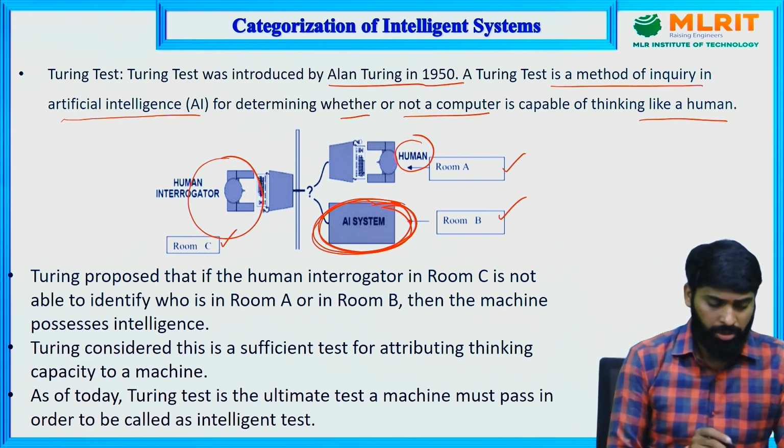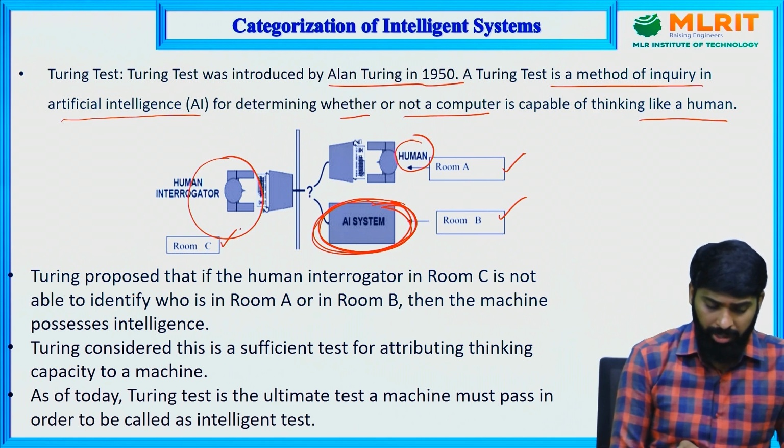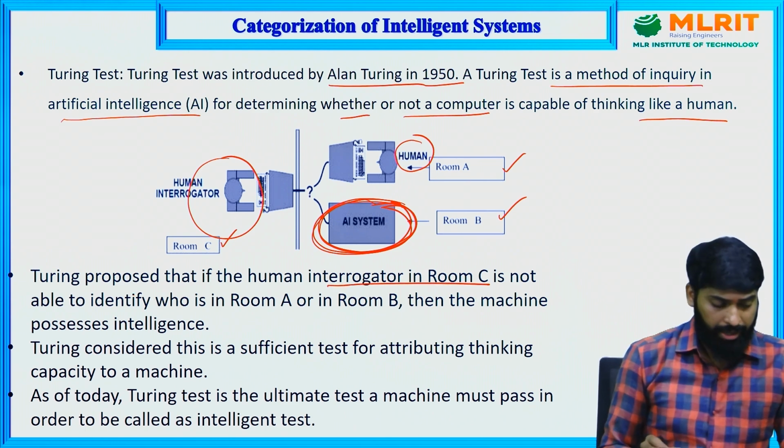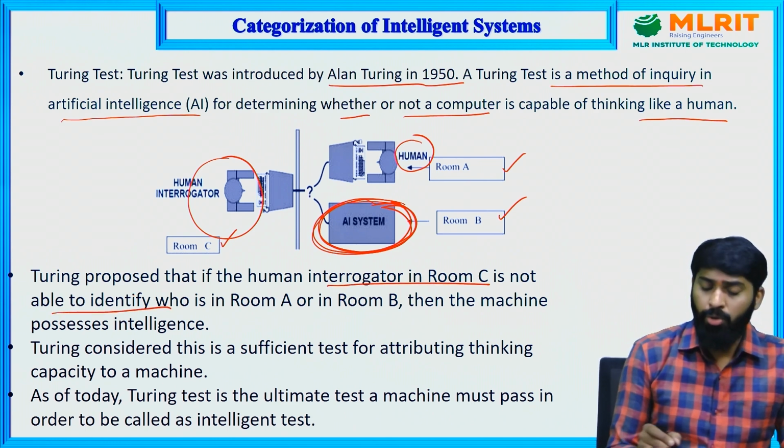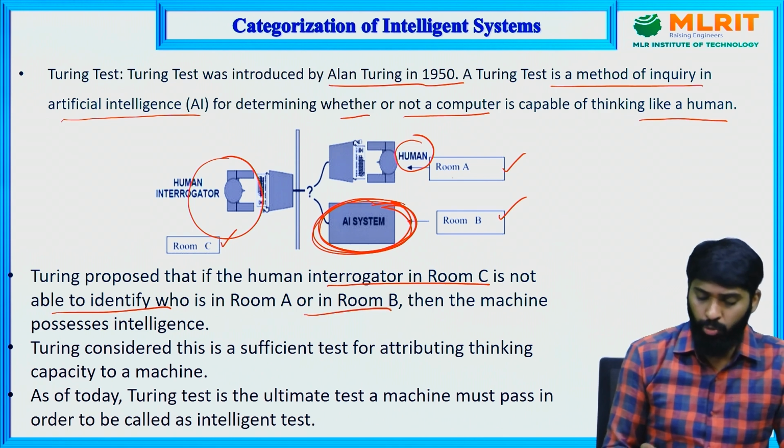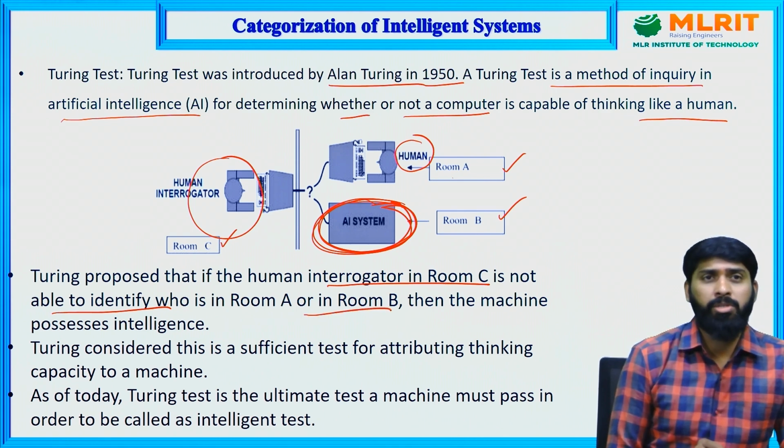If the human interrogator is not able to identify the AI system as an AI system and identifies it as a human, then we say that this AI system passed the Turing test. Turing proposed that if the human interrogator in room C is not able to identify who is in room A and who is in room B, then the machine possesses intelligence.